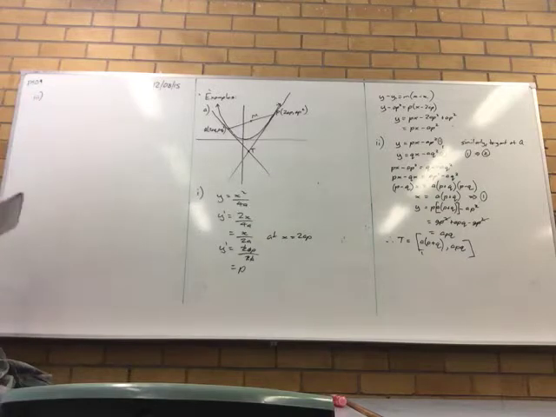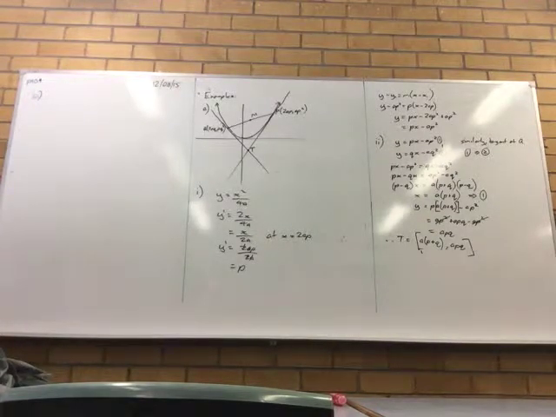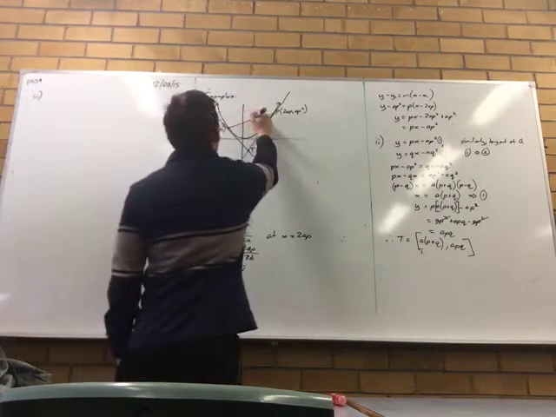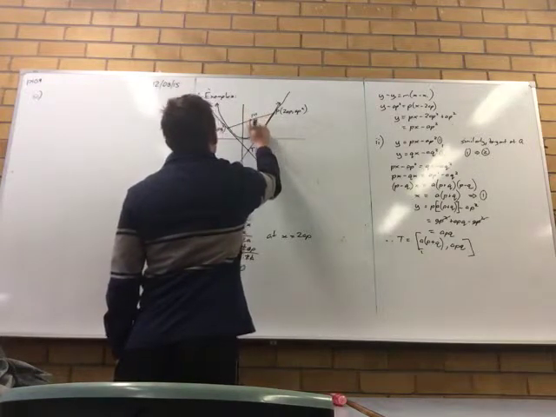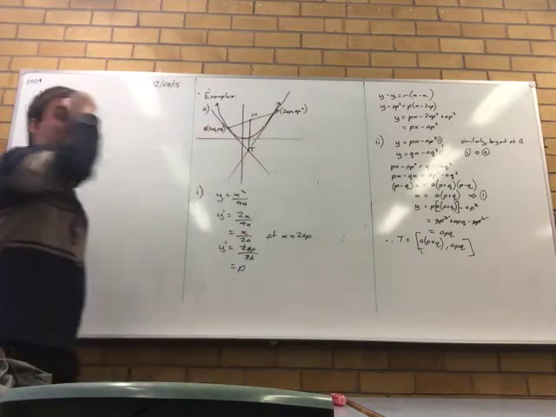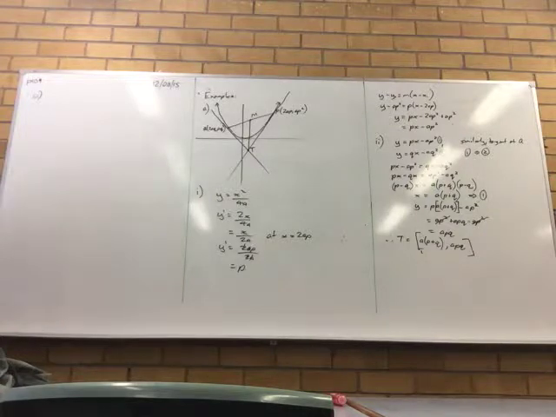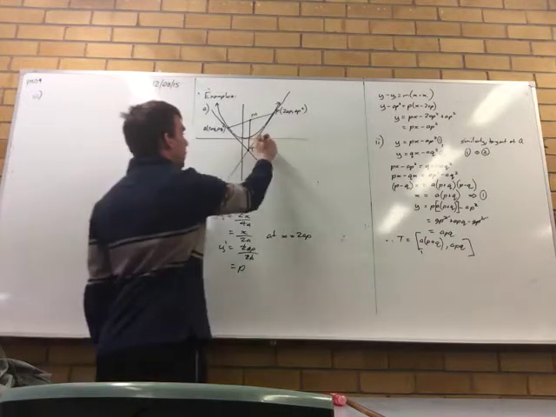Part iii. Prove that MT is parallel to the y-axis. So at this point I am joining the interval MT. In my diagram it's almost vertical. So now I need to justify that it is parallel to the y-axis.